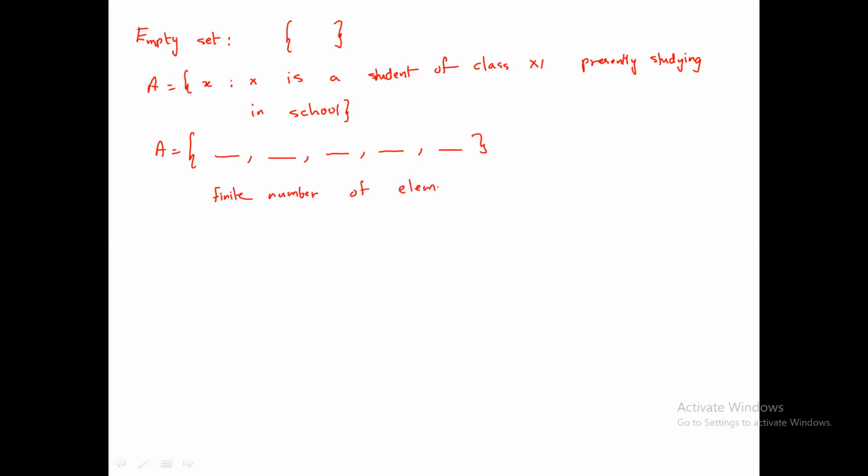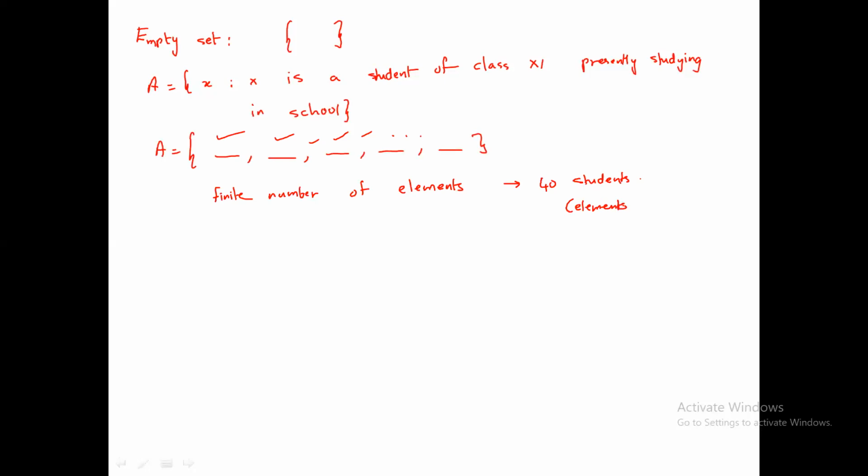Finite number of elements means we can count 1, 2, 3, 4, 5, 6, like that. How many students are there in your class? 40 students are there in your class, for instance. So we can say there are 40 elements in this set.